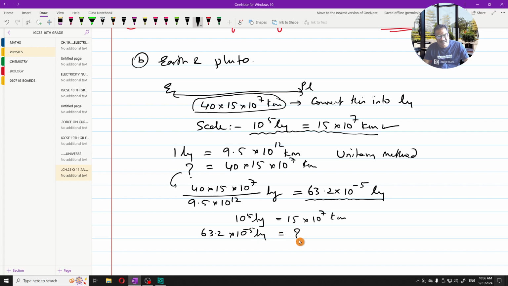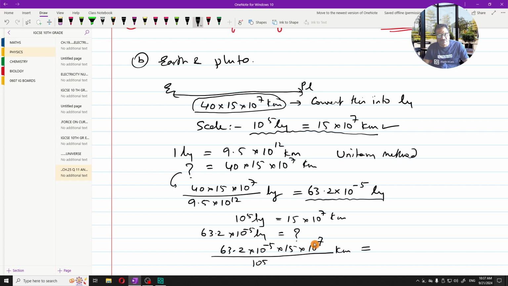This will be equal to how many kilometers? So again, you'll have to find out this answer. You'll get 63.2 into 10 raised to minus 5 into 15 into 10 raised to 7, whole divided by 10 raised to 5, and now the answer you will be getting is in kilometer.